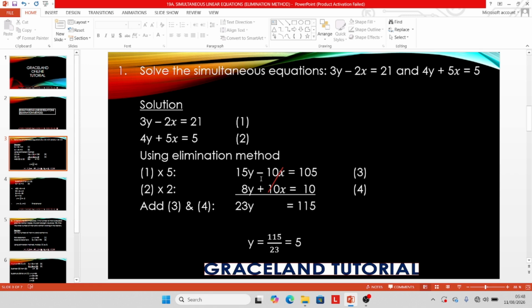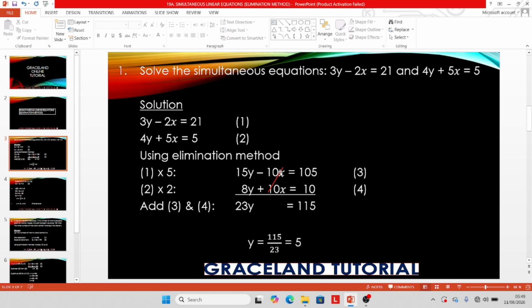Let's try that. If I say minus 10x minus plus 10x, minus times plus gives minus, so that will be minus 10x again. Minus 10x minus 10x is minus 20x, which will not give us 0. So let's try addition.